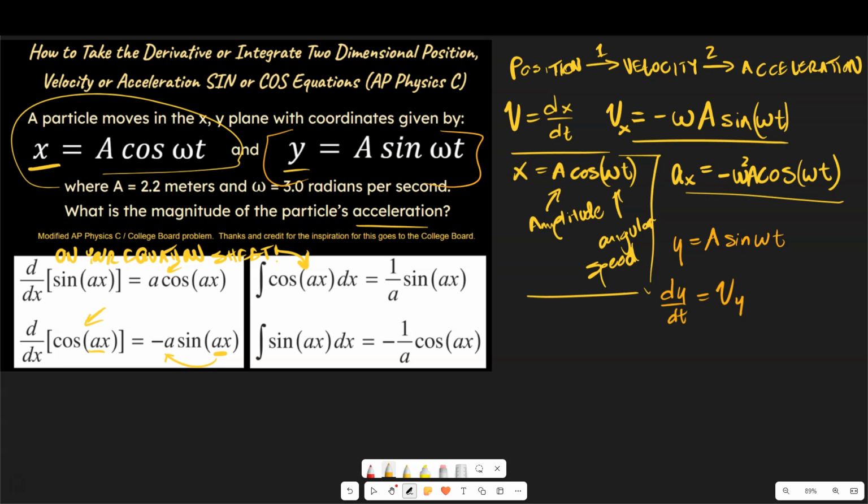So let's continue. Looking at our rules in the bottom left down here, this is fundamentally a sine function right here, right? So we look at this rule right here. You take the derivative of a sine function and you end up with fundamentally a cosine value. So v in the y-axis is equal to a cosine function. Remember, whatever's in the sine function originally, we can think of as being in parentheses here.